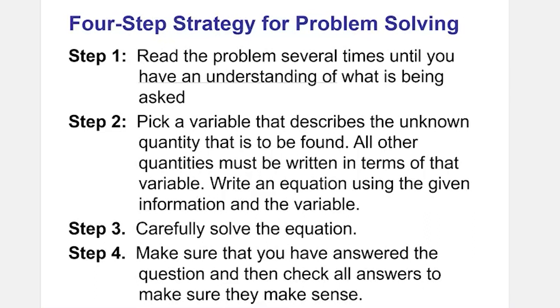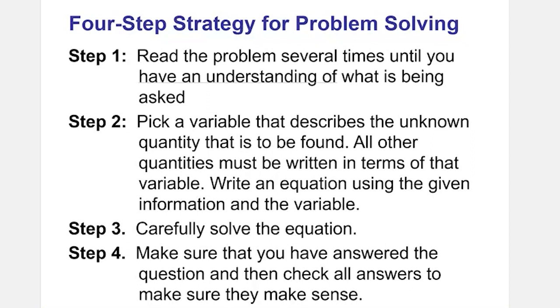Step 1, read the problem several times until you have an understanding of what is being asked. So we said that. Then pick a variable that describes what the unknown value is that you're trying to find. So instead of writing X, let's say you were trying to find the price of an adult ticket.